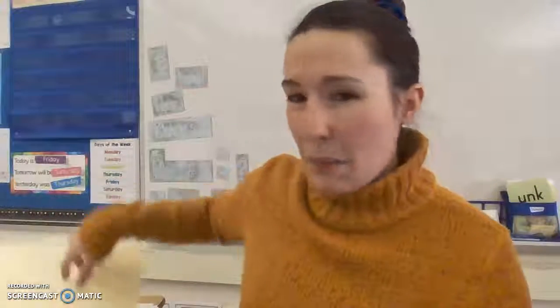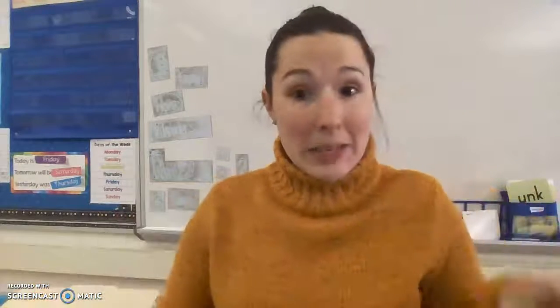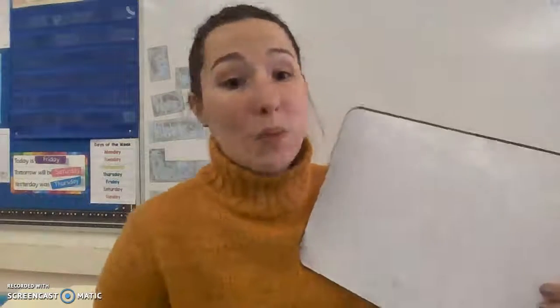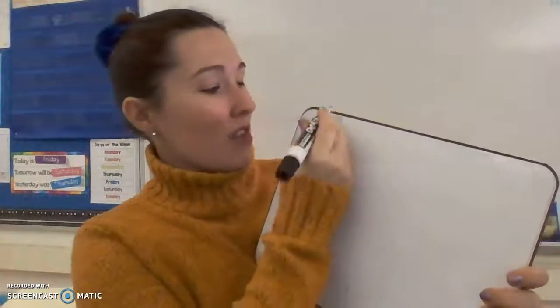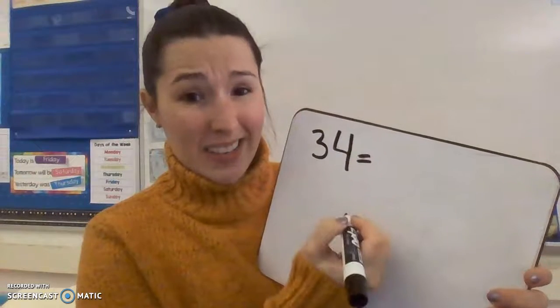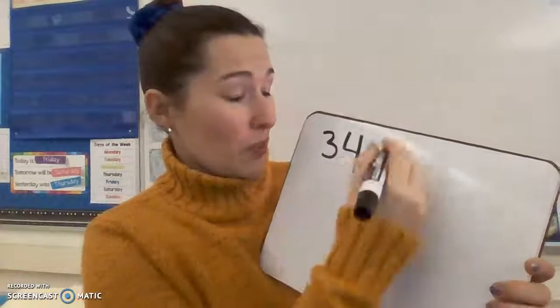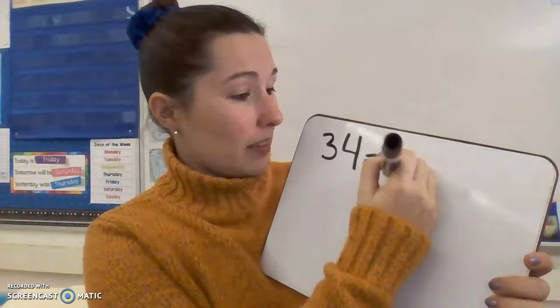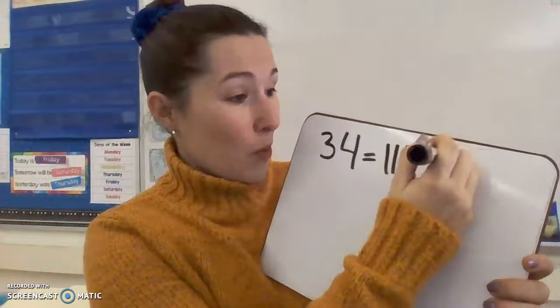So, for example, if I was going to draw 34 ones, woo, that's a lot of ones. So, it might take you a little while to draw some of these pictures, but drawing is one way to prove it to me. What you might do is I might think 34 ones. I was just practicing that, and I know that that's really 3 groups of 10 and 4 ones.